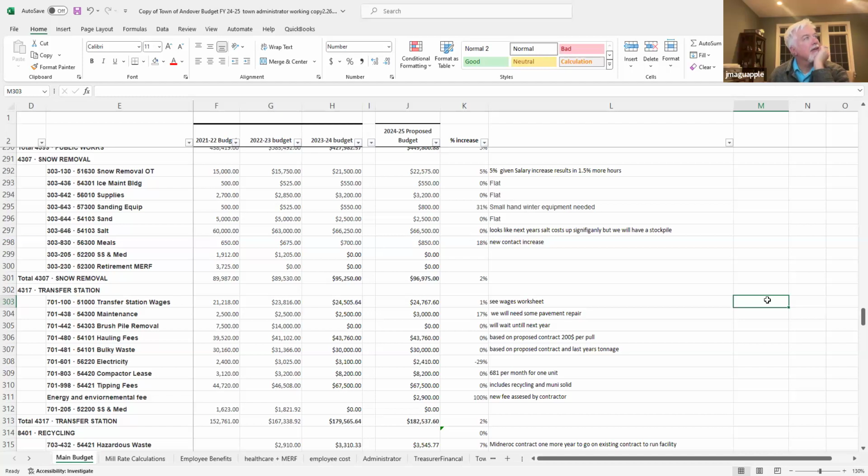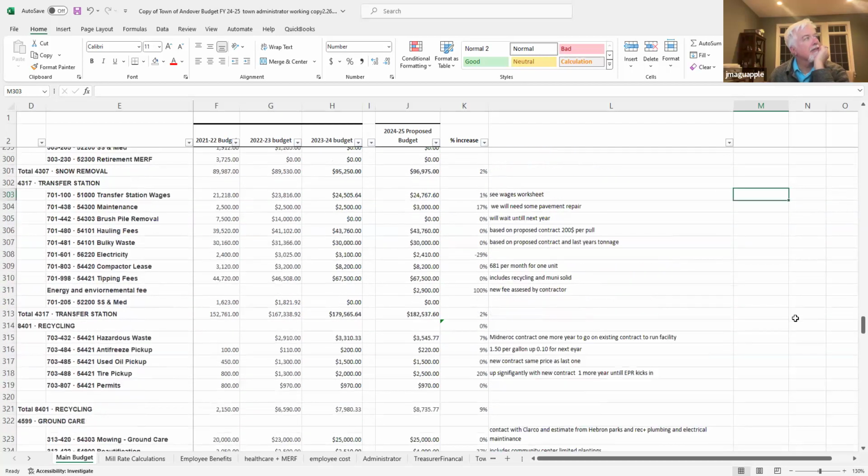Recycling costs are up slightly, $1,000, nothing. Ground care is up $1,500. Street lighting down. The custodian is up $13,000, and I'm assuming that increase is related to the community center as well. That is correct. That's the majority of the cost. Willie's getting the same 4% raise as all the other employees, but he's now taking one additional building on.